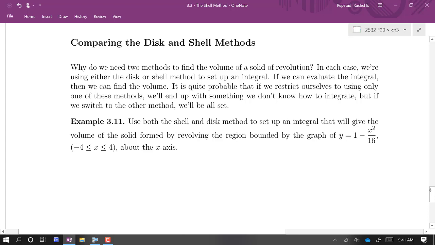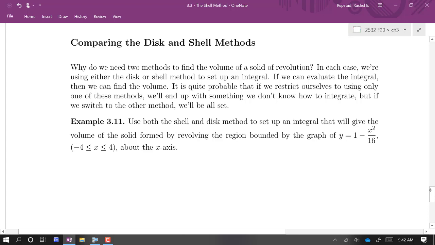And by and large, it's probably possible to set up an integral either way, right? It really just boils down to what integral do you end up evaluating? How much work to set up the integral, I guess, and also the integral that you end up with, is it something we know how to integrate? We don't know how to integrate everything, right? I mean, integration is a tricky process.